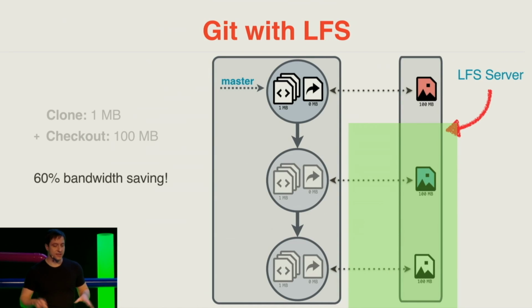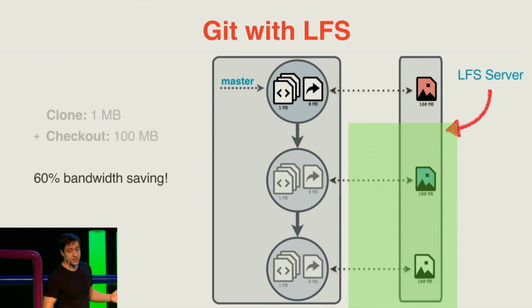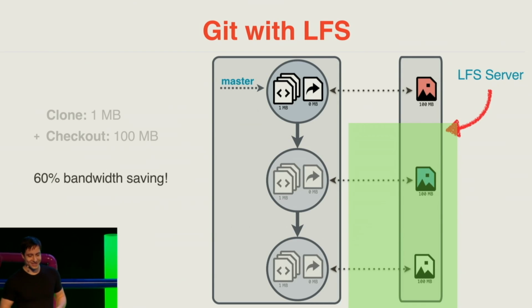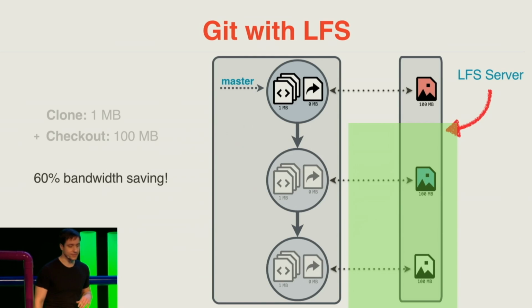So that means, just in this tiny example, we already saved 60% of the bandwidth. And now you can imagine with large repository with thousands of large files and hundreds of versions, the savings are incredibly greater. And this is really what LFS achieves.